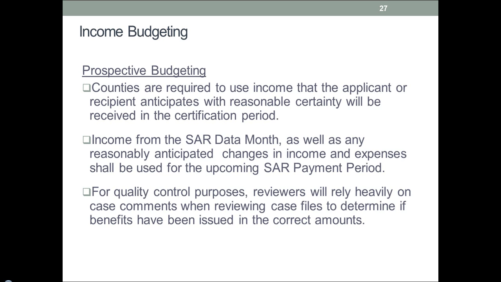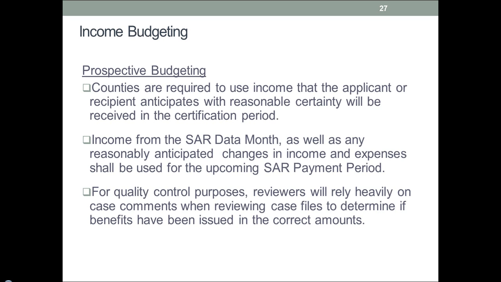June is considered the submit month. They will be reporting information for the SAR data month, which is May, and that information, as well as any other information about fluctuations or anticipated changes in income, will be used to determine what that household's income is for the duration of the certification period.